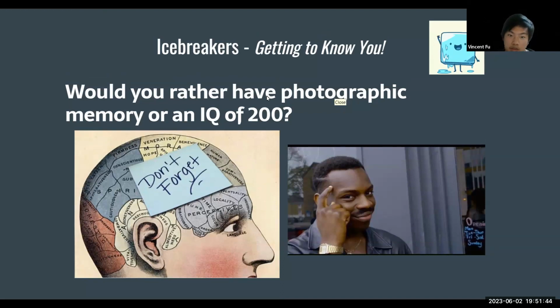Want to give an explanation of why you prefer a 200 IQ instead of photographic memory? Everyone's picking IQ here. Personally, I'd rather have photographic memory because IQ is not that accurate, and it's a weird type of measurement to say the least.